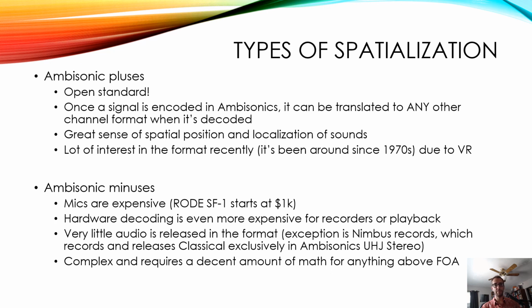There are some from Zoom that are reasonable, but if you really want to do it well, you need something like a Sound Devices recorder, and those are not cheap. Playback devices that will decode are even more expensive. Another big one, very little audio is released in Ambisonics format. One exception, Nimbus Records, which records and releases classical music exclusively in the Ambisonic UHJ stereo format, and it sounds amazing.